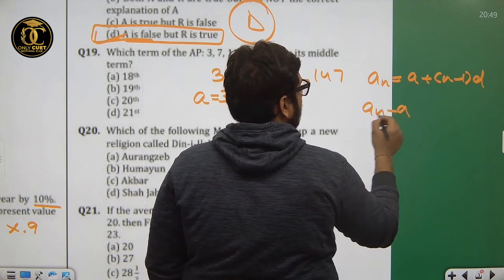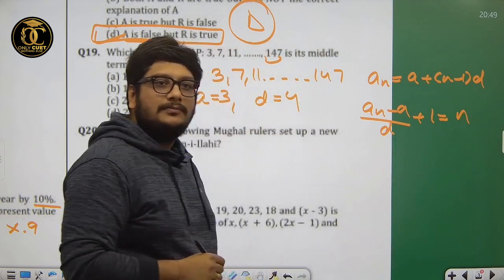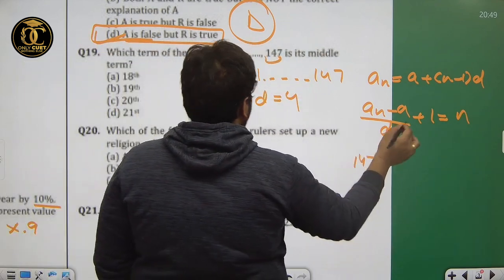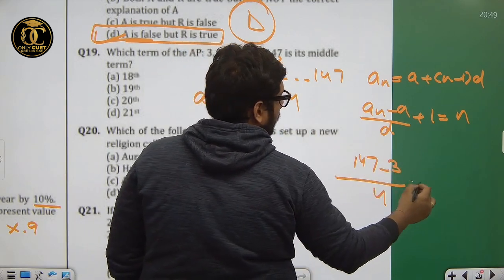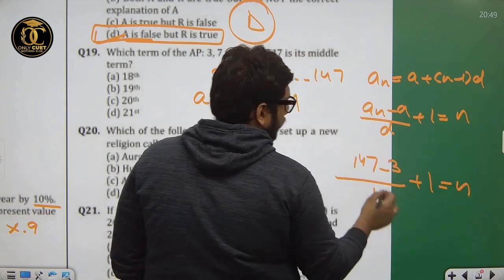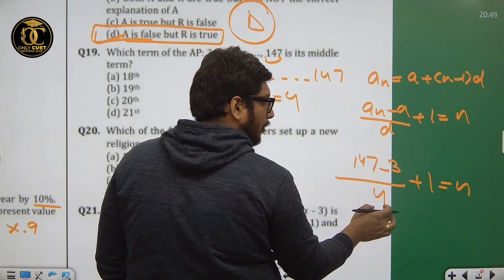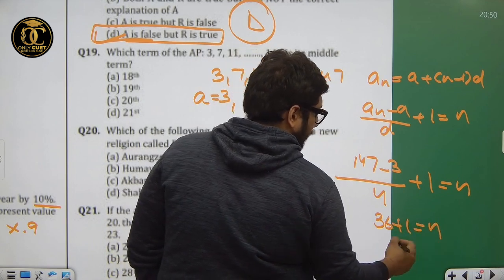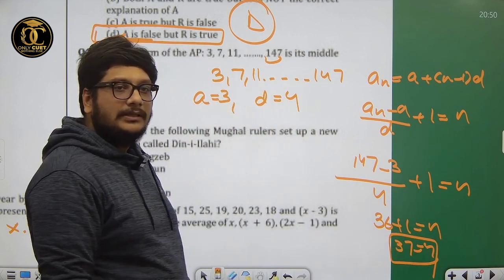So (a_n minus a) upon d plus 1 is equal to n. That is total number of terms in that AP. Now here a_n is equal to 147, a is 3, minus 3, d is 4, plus 1 is equal to n. 147 minus 3 is 144. 144 upon 4 is 36. Plus 1 is equal to n. So 37 is equal to n. I have 37 terms in this AP.